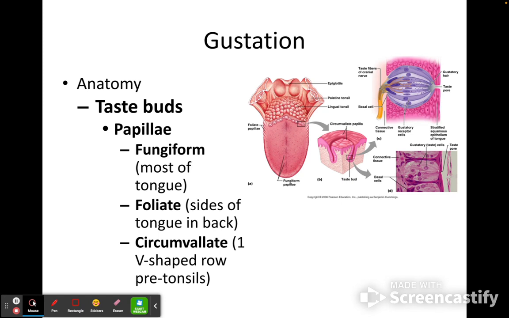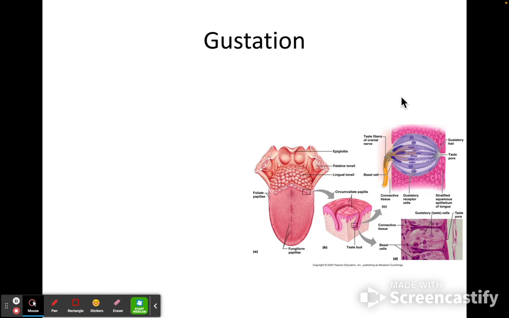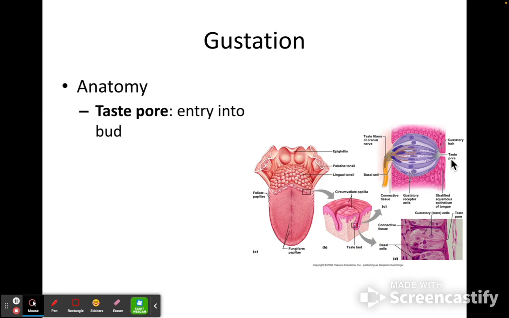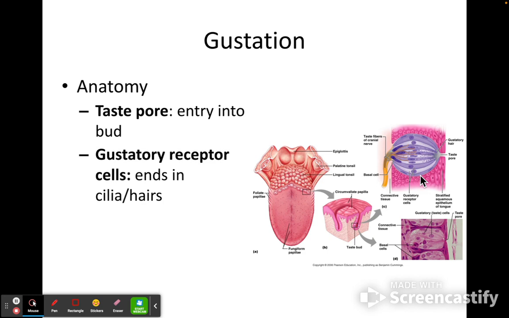Now let's talk about the actual taste bud here and a couple of important structures. Let's follow it: if a chemical were dissolved into saliva, what would happen? It would enter this little hole in the overall taste bud, and that's called a taste pore. So chemicals dissolved in saliva would gain access into this little taste bud by way of the taste pore.